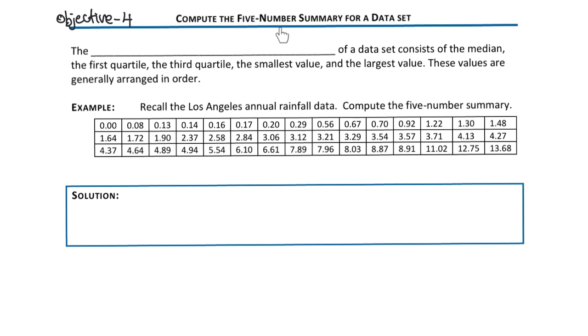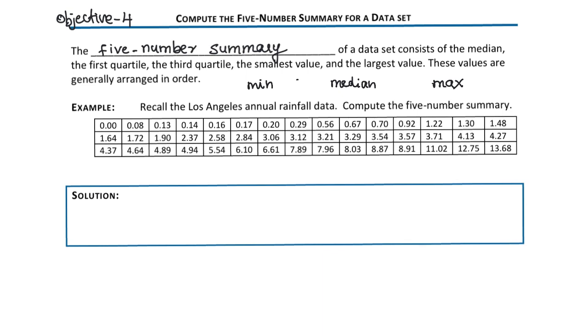Objective 4. Compute the 5-number summary for a data set. The 5-number summary consists of median, first quartile, third quartile, smallest value, largest value. I always think minimum and maximum value. Then the median is in the middle.